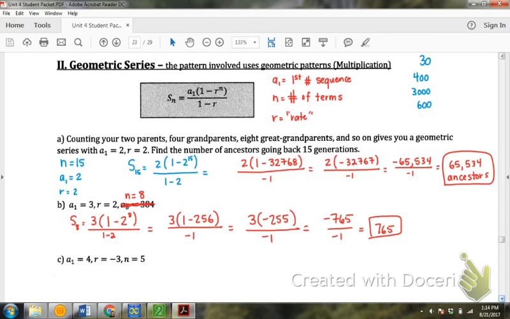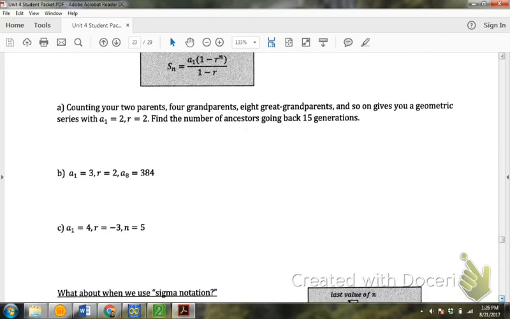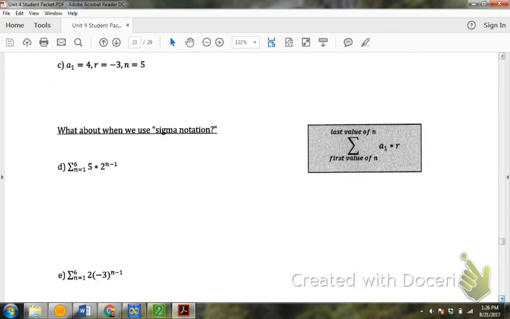On letter C, we do need to be really careful about our positive and negative signs. So go ahead and set letter C up, but you notice your R value is negative. So when we set it up, we have to be really careful.